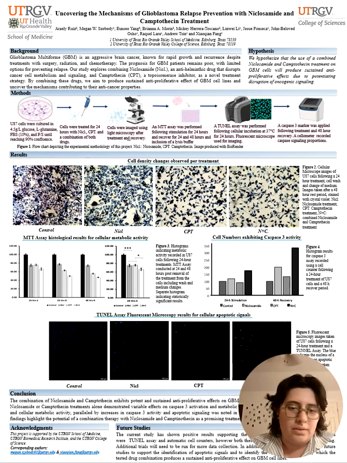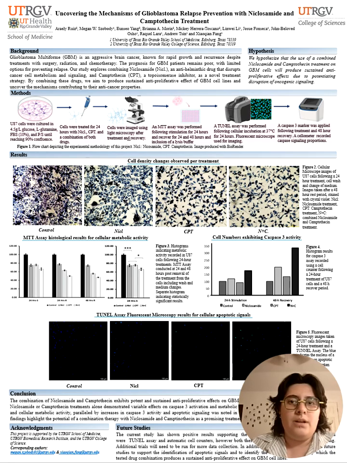So in the control, we can only see blue cells. With niclosamide, we can also mostly see blue. Once we get to CPT, we start seeing a couple of green dots, which indicate DNA fragments, so cell death, towards the top left corner. And then for the combination of the treatments, we can see that it's mostly green dots, and there are almost no live cells to be found.